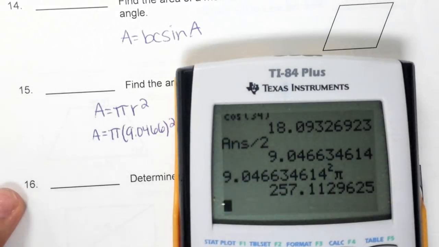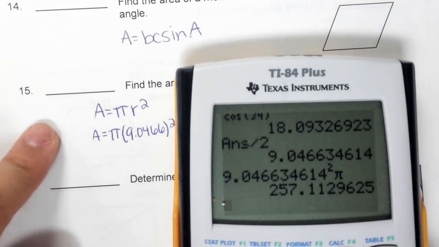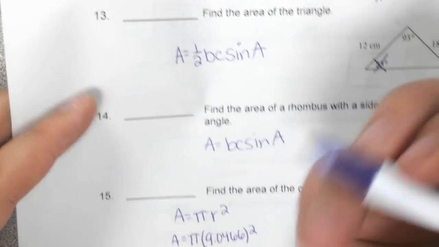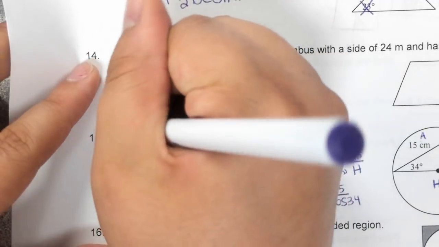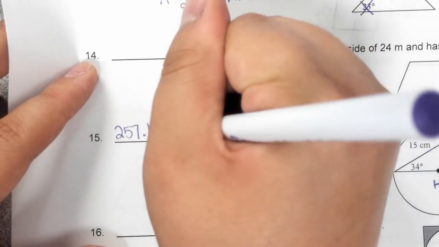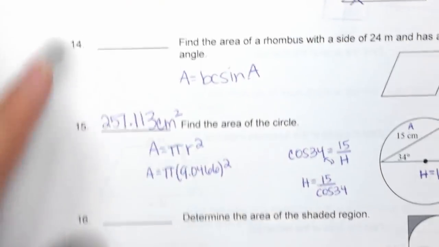What did I do differently than my key? Oh, I think I used 3.14. Does it tell us to use 3.14? No. Okay, so I get 257.113 centimeters squared.